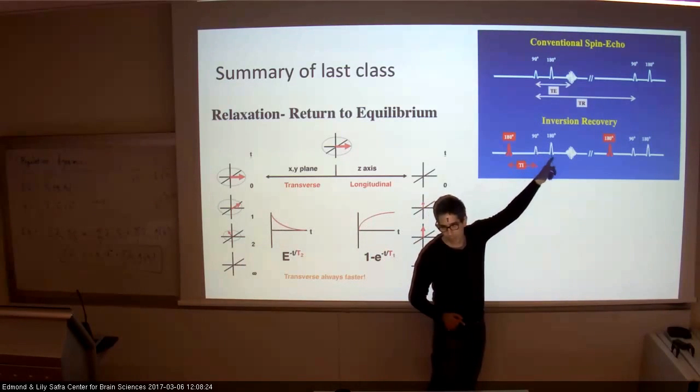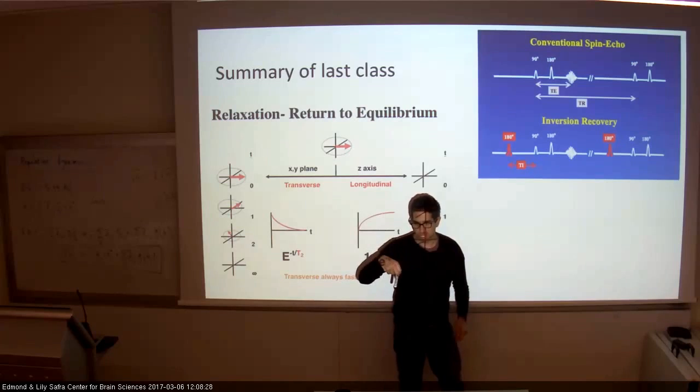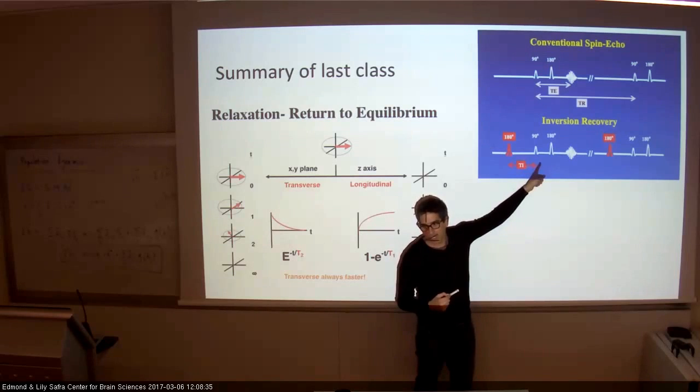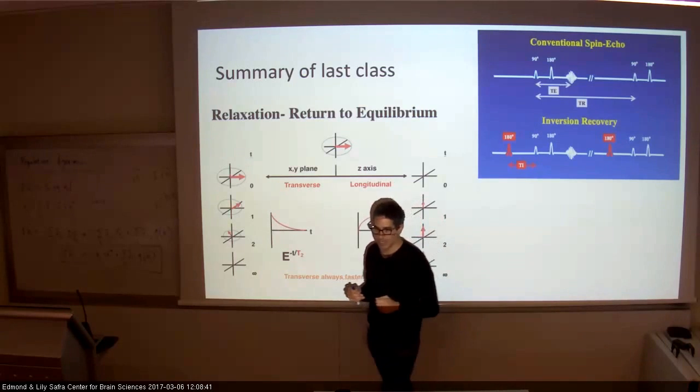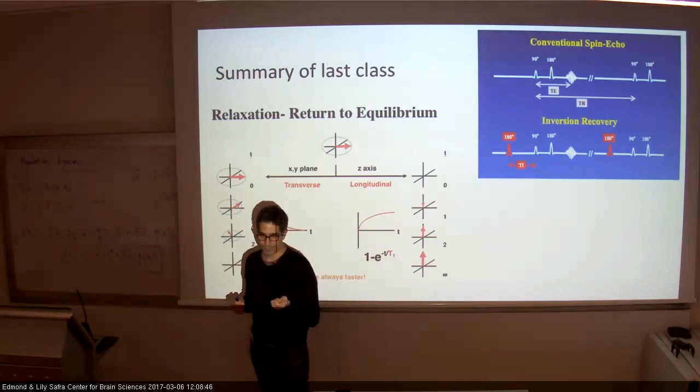We can still run the spin echo. But if I do it at different times, because this vector that was projected, some of it will go back and so on, the fraction that will then be projected by the 90 will be different. And it will be different according to the T1 effect. So that gives us a handle to measure the T1 component in the signal.